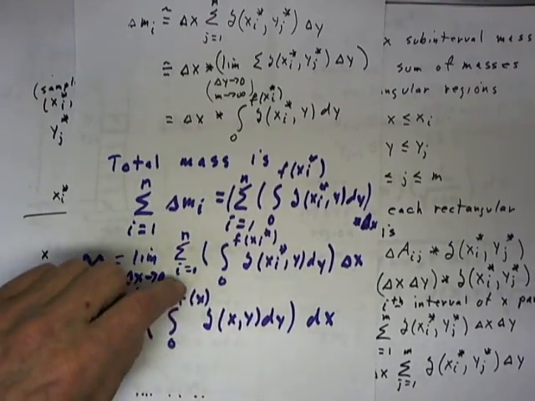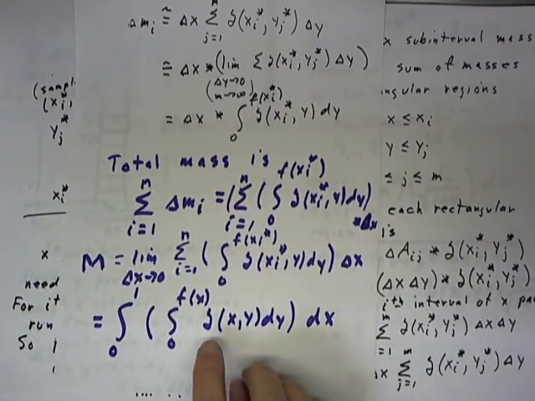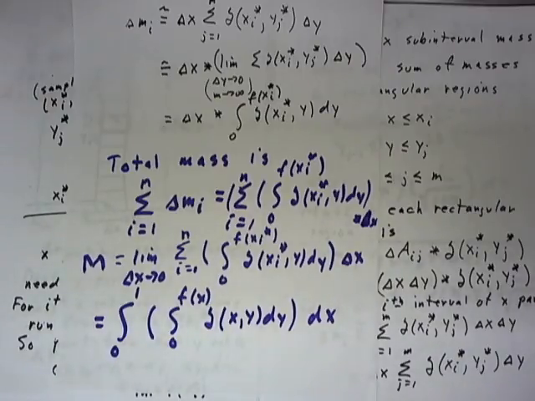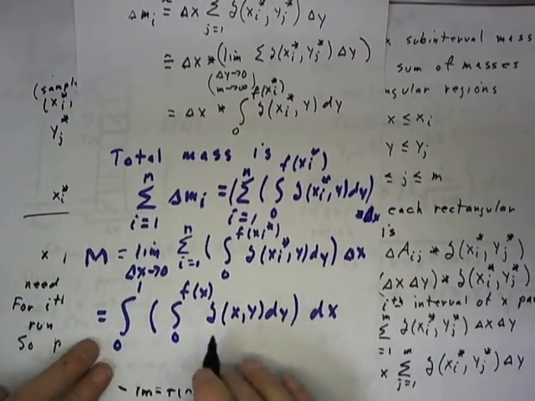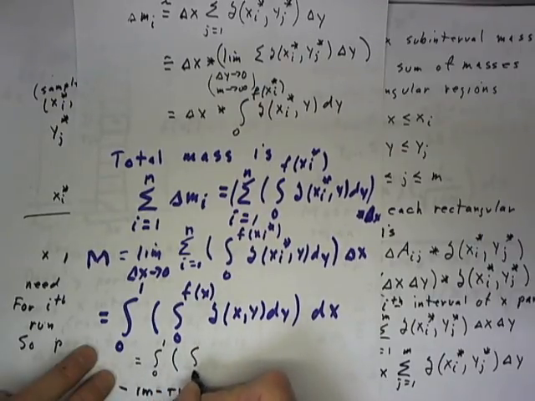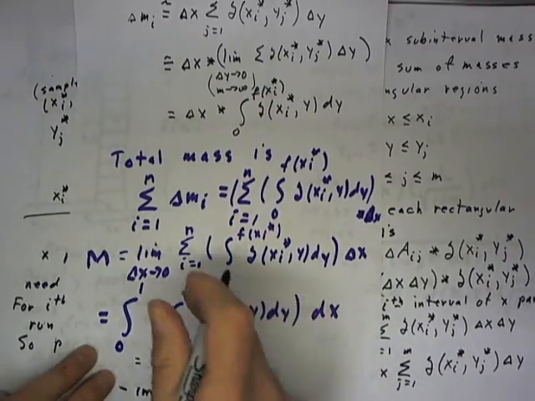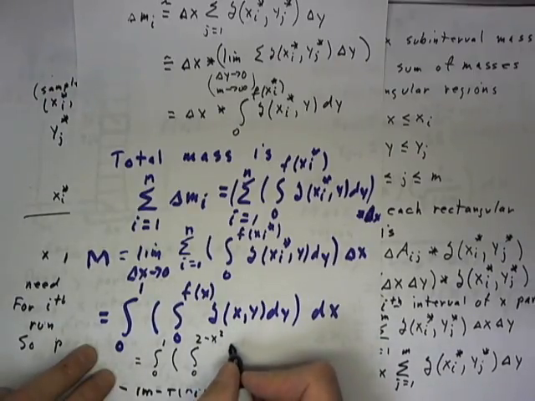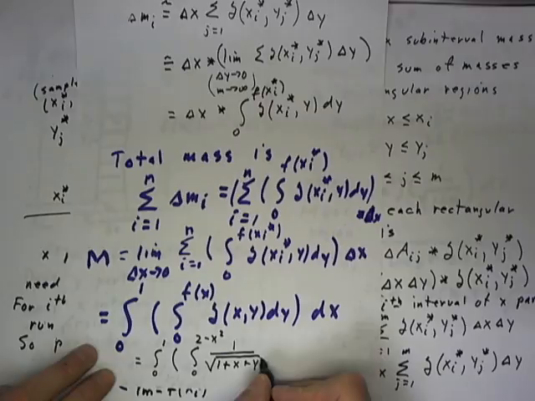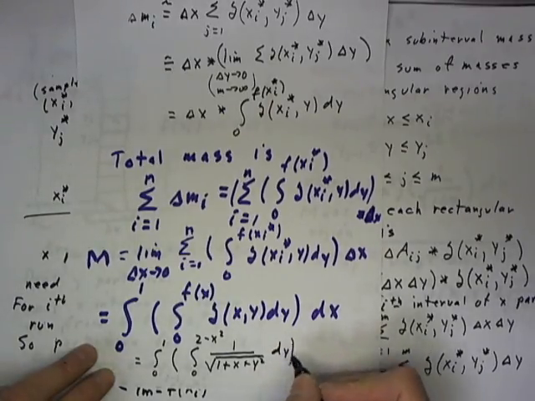Recalling that for our specific example, f of x was 2 minus x squared, and our density function of x, y was 1 over the square root of 1 plus x plus y squared, and I'll write that down in a minute. We get a final integral from 0 to 1 of the integral from 0 to 2 minus x squared, our f of x function, of 1 over the square root of 1 plus x plus y squared with respect to y.